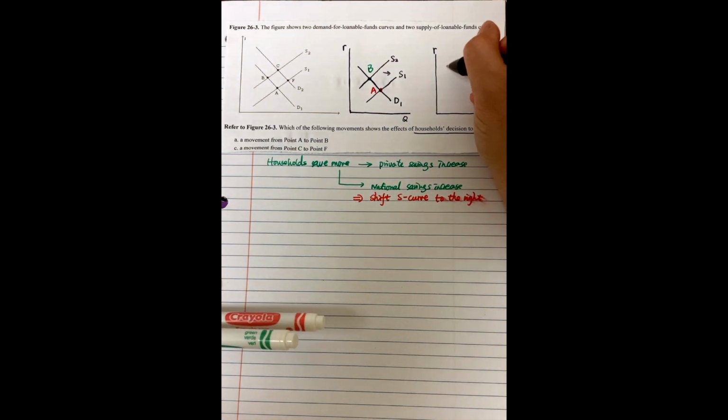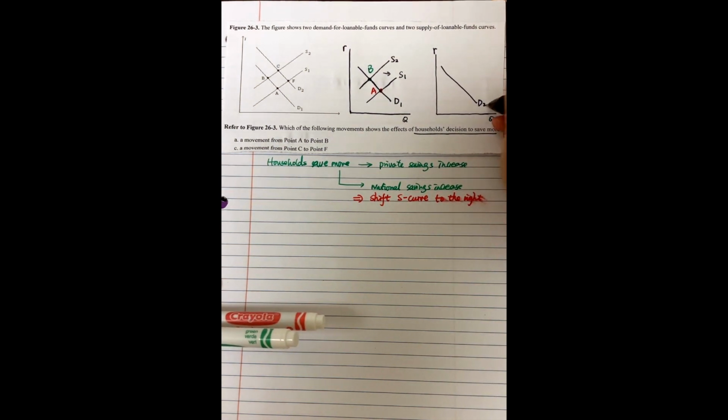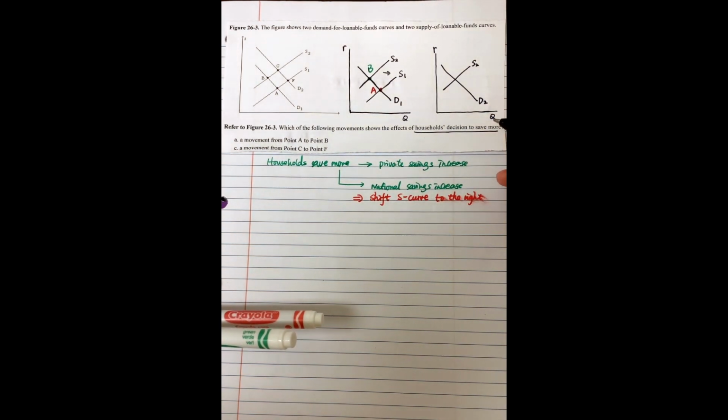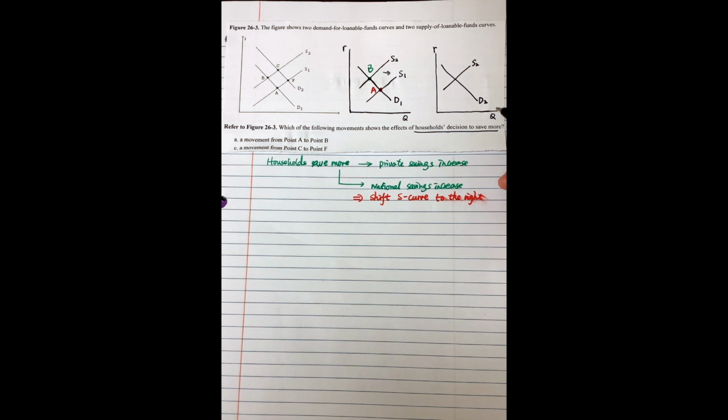And this is D2. This is our original supply side of the loanable funds.